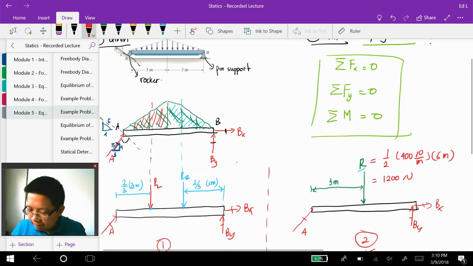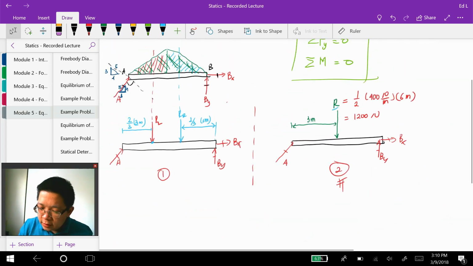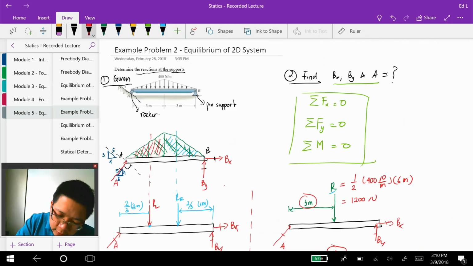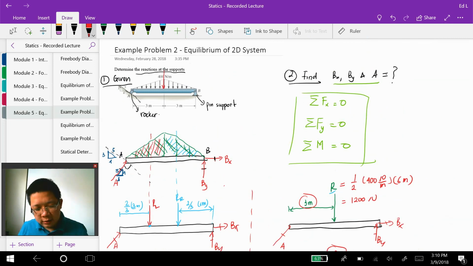The reason why this is 3 meter is because we know that the resultant force has to pass through the centroid of the triangle, and here the centroid of this triangle is located along this line, because the triangle is symmetric, such that we know that the resultant force has to be located along that line.